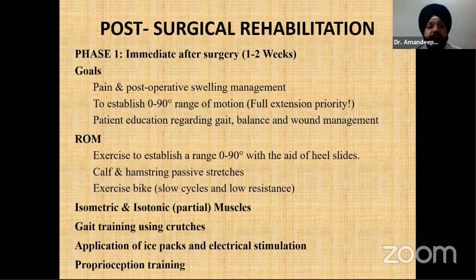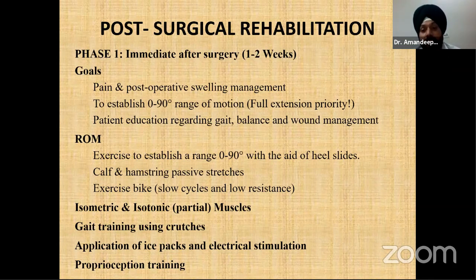Then comes post-surgical rehabilitation. Phase one, in the initial 2 weeks, we need to define the goal for each phase. Immediately after surgery, the goal is to decrease pain, manage post-operative swelling, and establish the initial 90 degrees of range of motion. I have specially mentioned this, that full extension should also be gained in this phase.